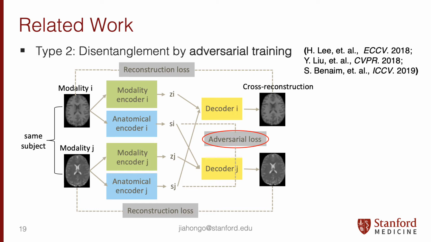Building on the first type of method, here comes the second type, disentanglement by adversarial training. A discriminator is added to distinguish which modality the anatomical representation S comes from, and an adversarial loss is added to fool this discriminator.